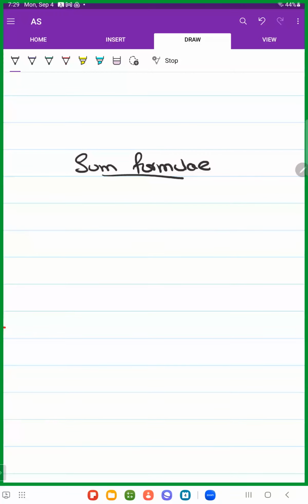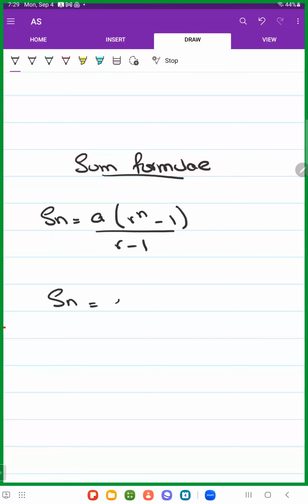Okay, so we have two sum formulas. The first sum formula is Sn, sum of n, equals A bracket R to the power n minus 1 upon R minus 1. And we have another sum formula, A bracket 1 minus R to the power n upon 1 minus R.